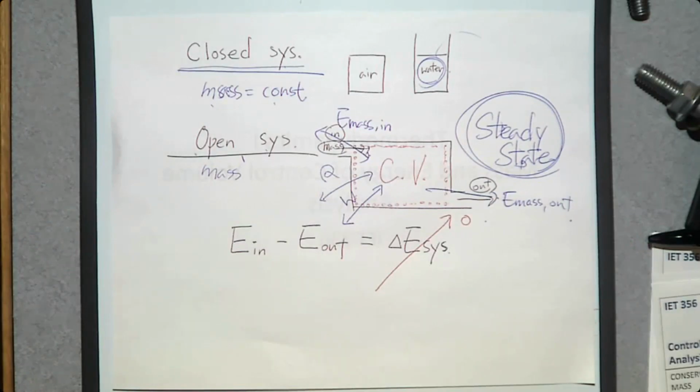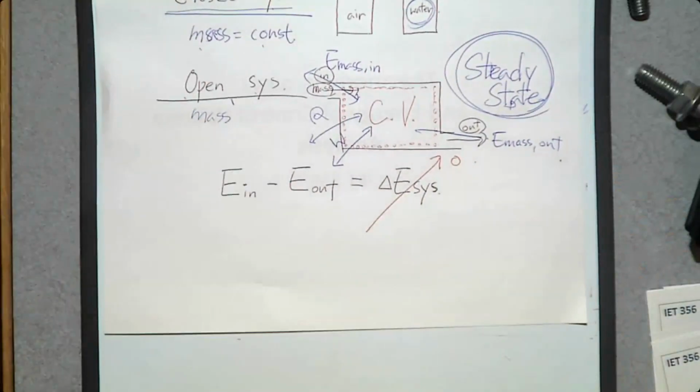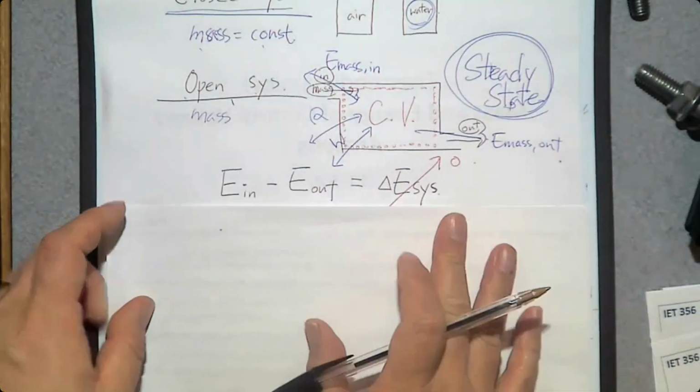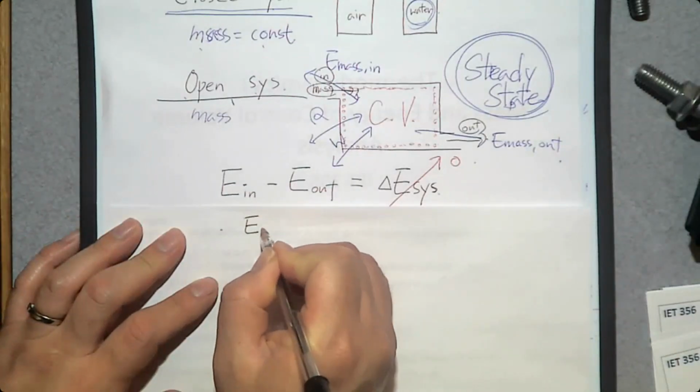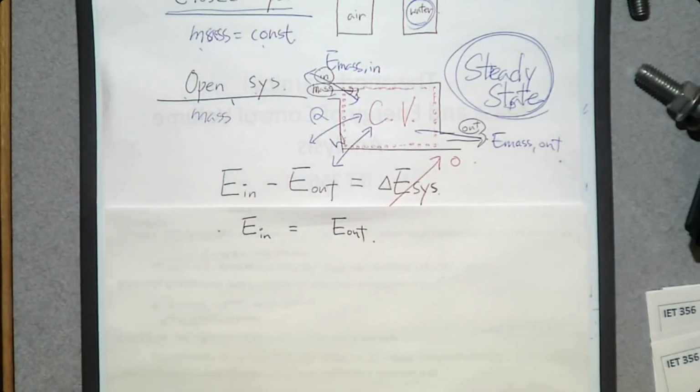By the way, in this equation, this one looks ugly. There's nothing on the right-hand side. So we can move this E out to the right-hand side. No problem. So I'm going to put this E out to the right-hand side. E in is E out. And we just found that there is a Q that goes in, a W that goes in, and an energy by mass entering at the inlet.